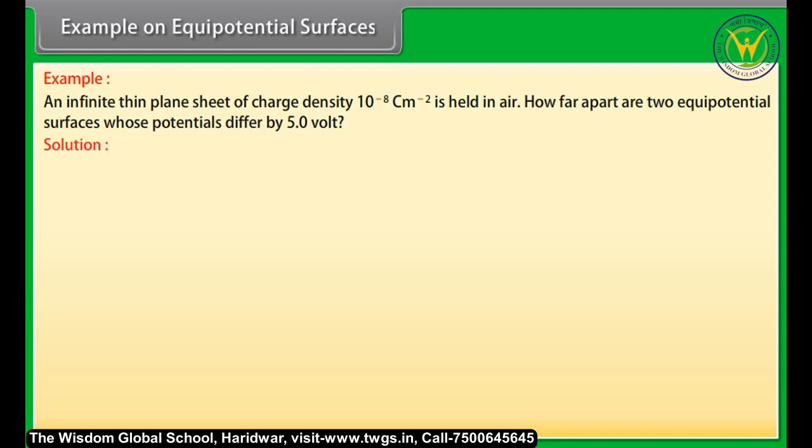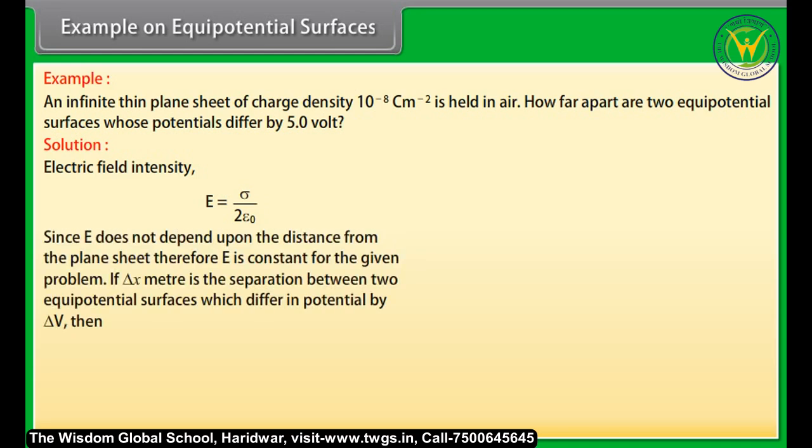Let's see the solution. We know that electric field intensity E is equal to sigma upon 2 epsilon naught. Since E does not depend upon the distance from the plane sheet, therefore E is constant for the given problem. If delta x meter is the separation between two equipotential surfaces which differ in potential by delta V, then E is equal to delta V upon delta x.